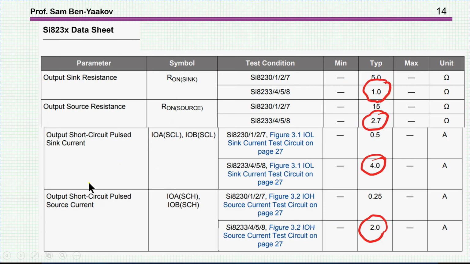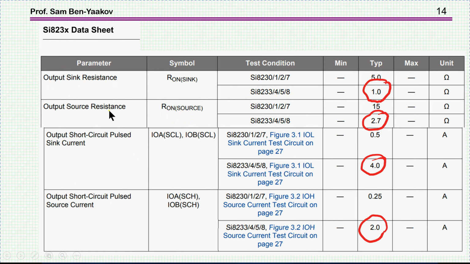Let's have a look now at the typical data that manufacturers are providing in the data sheet. This is a driver by Silicon Lab company, and there are two models here, a hefty one and a lower power one. Let's look at the higher current one. This is this series here. So we see that the output sink resistance is 1 ohm.